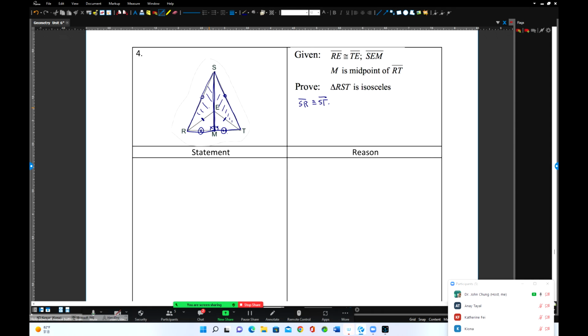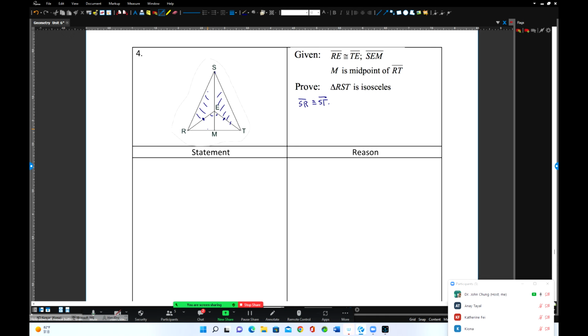Okay, this time I'm gonna go the larger triangle, okay, not the smaller triangle. If you wanna go the small triangle, this one and this one, this corresponding side congruent. Okay, this is congruent already. So M is midpoint, this corresponding angle is congruent.